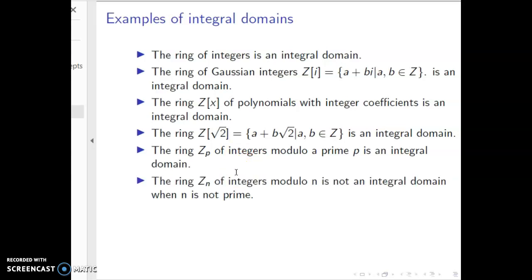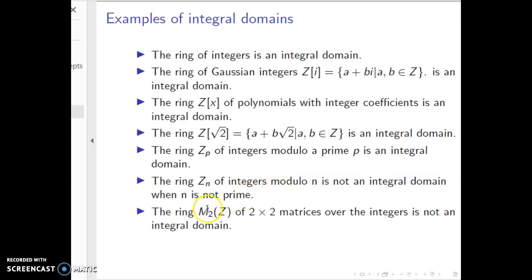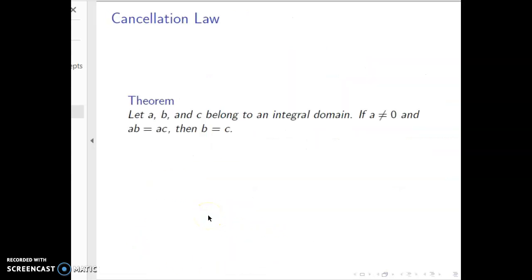However, when we take Zn, where n is not a prime number, then it is not an integral domain. If you look at the set of all 2 cross 2 matrices with integer entries, that is not an integral domain. And the external direct product of the integers with itself is not an integral domain.